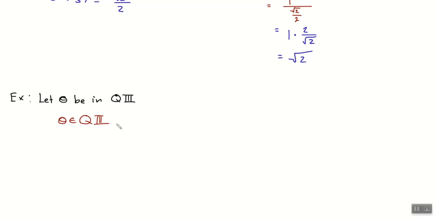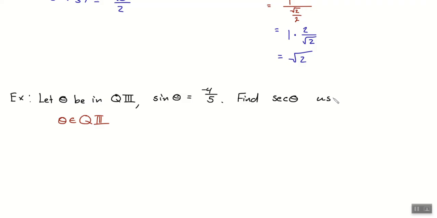You might disagree, and realistically, I'll probably just write it every time, but I want you to be comfortable with that. Okay, so theta's in quadrant 3. And additionally, we're told that the sine of theta is equal to negative 4/5. What I want us to do is find secant theta.